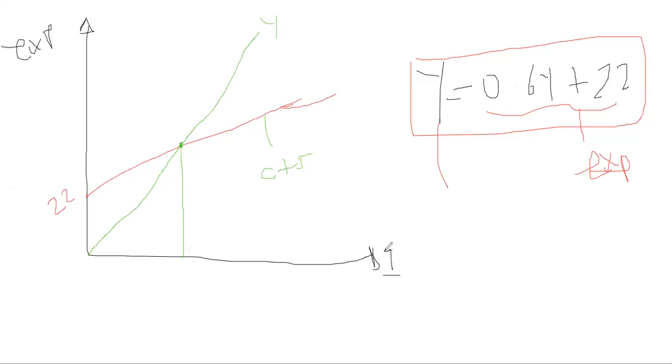The income here can be represented as Y or I. Some people use I, but let's use Y for consistency's sake, so that people will not be confused. The expenditure is nothing but consumption plus investment.